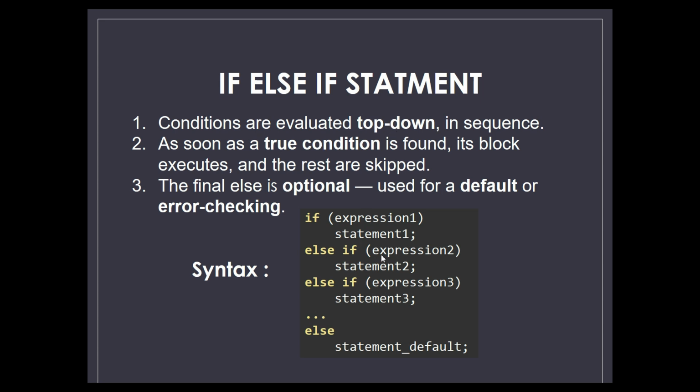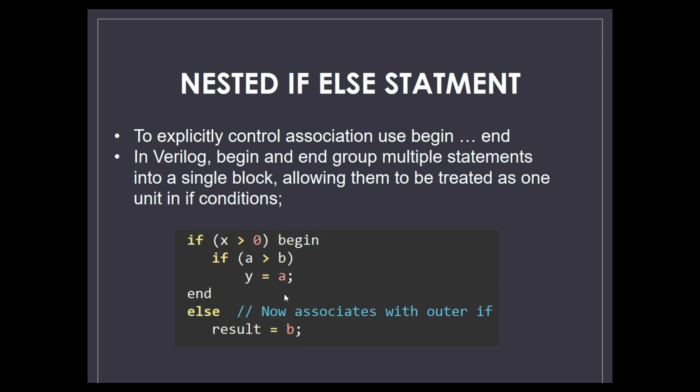So the conditions are evaluated top down, in sequence, as I explained. As soon as a true condition is found, its block is executed and the rest will be skipped. That is, if expression 2 becomes true, statement 2 will be executed and all the conditions below it won't even be checked. And the final else is optional, as even here when we write if, it's not mandatory to write else, but it's always a recommendation that you write else.